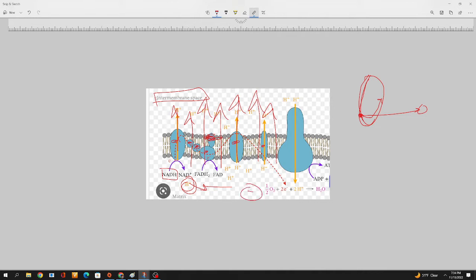There's this thing called action potential. Okay, this action potential is created, or this electrochemical gradient. Electro because there is a difference in charge between the matrix and the inner membrane space, and chemical because there is a high concentration of protons.